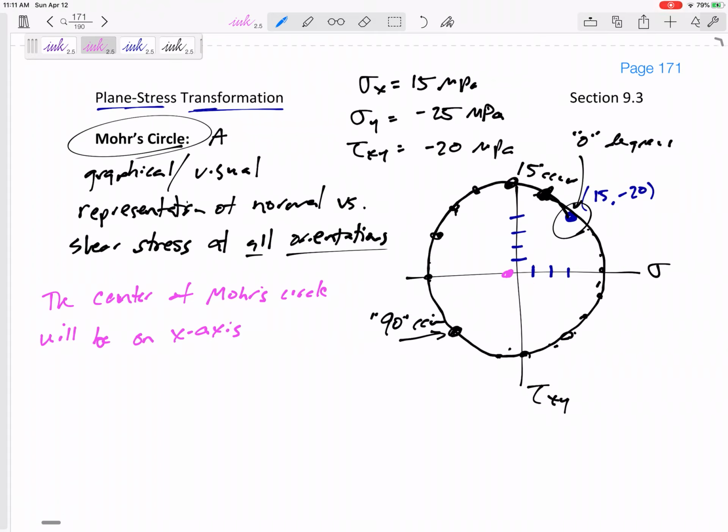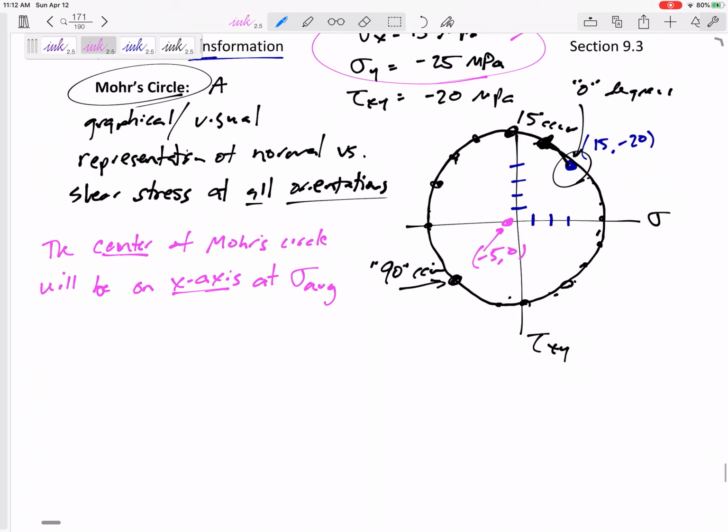The center is on the x-axis at sigma average. In this one, the center will be at -5, 0. So the center of Mohr's Circle will always be on the x-axis at the average of the normal stresses.